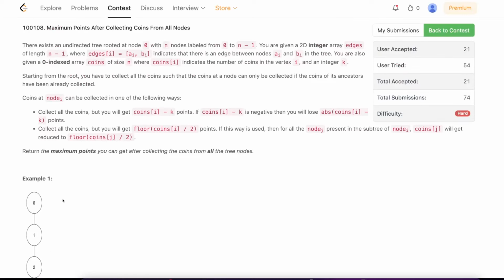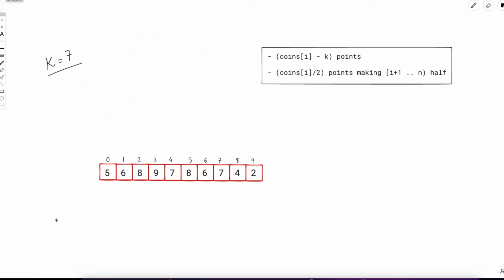Now how to solve this? So as always, let's not worry about the tree, and let's try to solve a simpler version of the problem first. The simpler version would look something like this. You have an array, and the problem is exactly similar, but basically you have two choices to collect some points from any index.